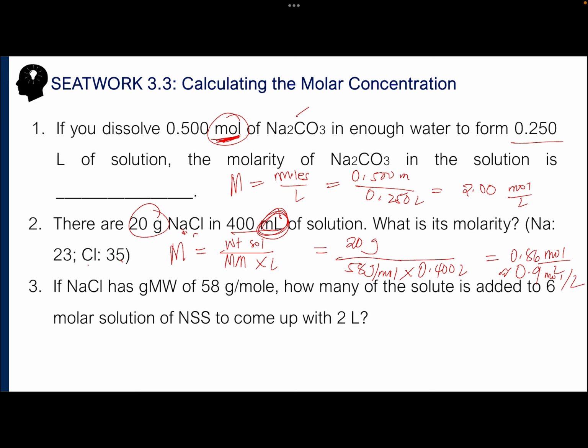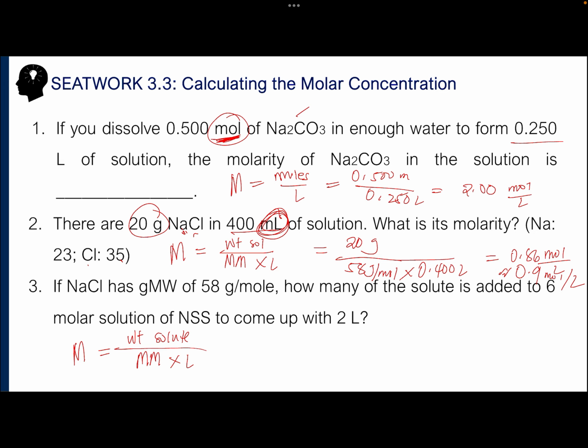Okay, so for number 3, so if we have NaCl that has a molar weight of 58 gram per mole, pila daw ka grams of solute is added to 6 molar of NaCl to come up with 2 liters. So, okay, so we will use the formula molarity is equals weight of solute divide the molar mass times liter.